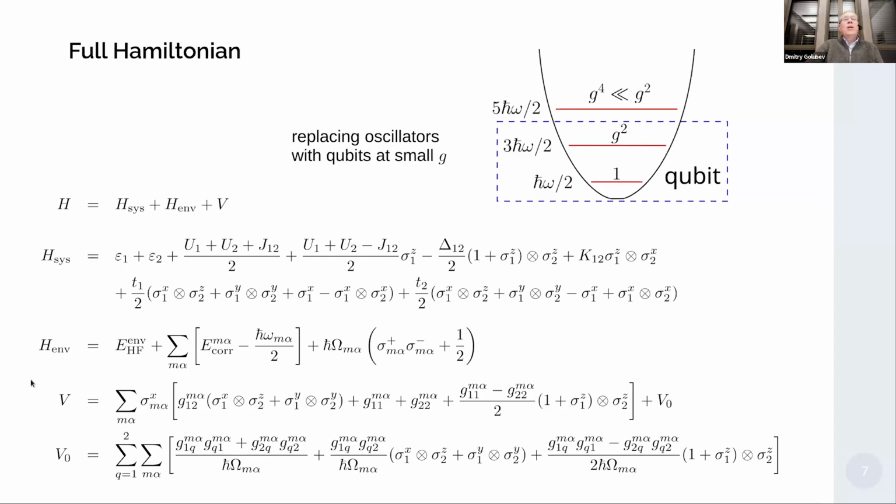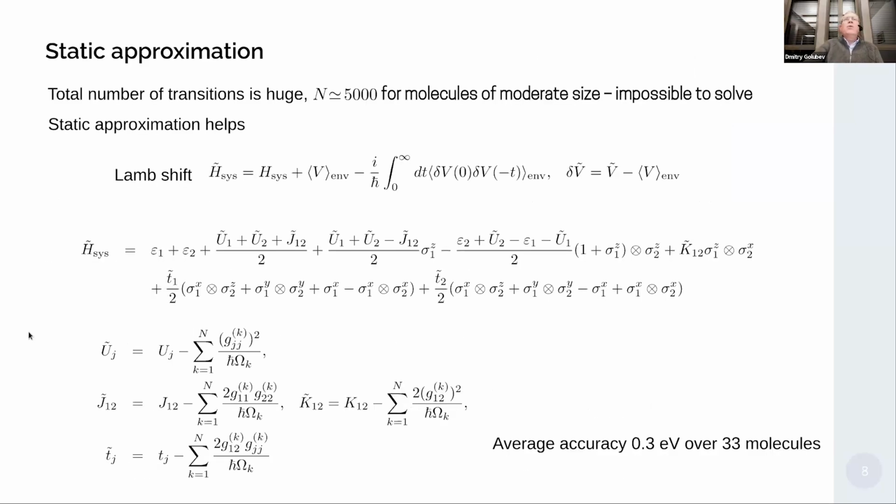So what can one do? It turns out that these coupling constants G are usually very small for most molecules. One can just use perturbation theory. If one does that, what comes out is a renormalized system Hamiltonian. So we should evaluate this so-called Lamb shift for the Hamiltonian, which is the average value of V dagger, where V is the deviation of the interaction term from its average value, averaged over the environment.